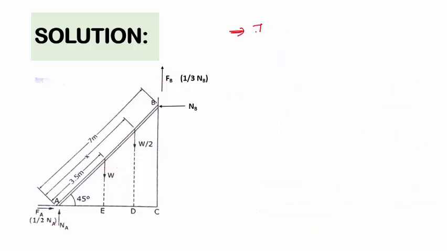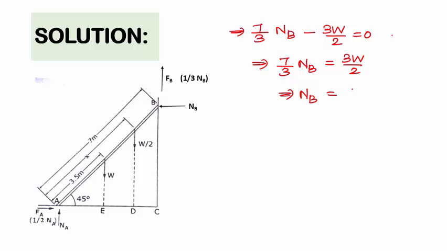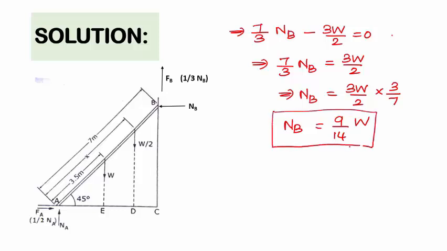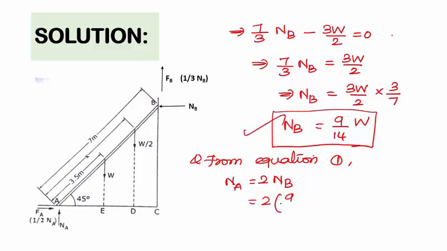So 7 by 3 NB minus 3W by 2 is equal to 0. This becomes 7 by 3 NB is equal to 3W by 2. So NB is 3W by 2 into 3 by 7. This is 9 by 14 W. And from equation 1, NA is equal to 2NB. So 2 into this NB, 9 by 14 W. So NA will be 9 by 7 W.